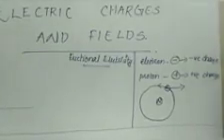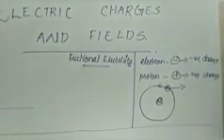When we rub a plastic comb with dry hair, the rubbing produces heat energy, which is shared between the hair and the comb. Therefore, electrons are transferred from the dry hair to the plastic comb.